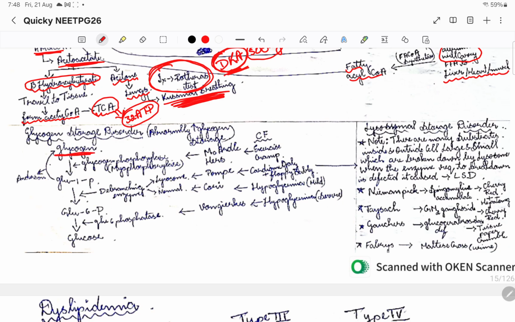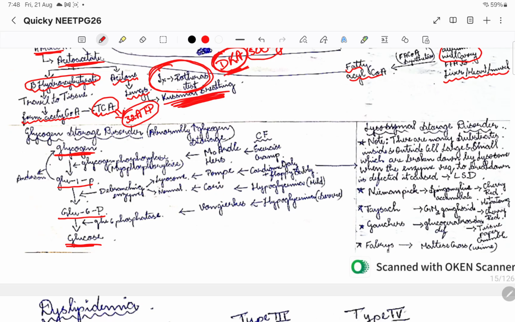Glycogen is going to form glucose 1 phosphate, then glucose 6 phosphate, then it is going to convert into glucose. If in the first step there is a defect, because for glycogen to convert into glucose 1 phosphate, glycogen phosphorylase is required.